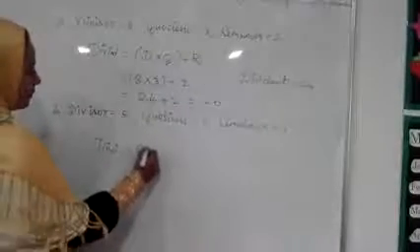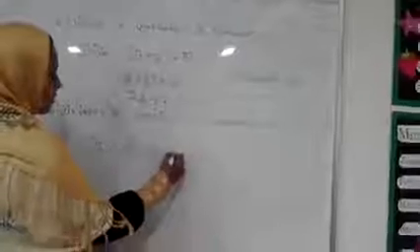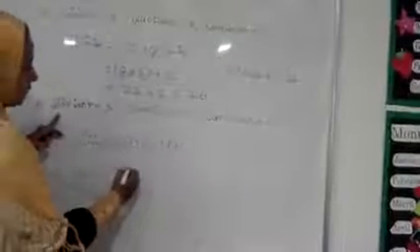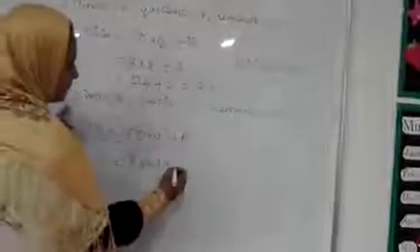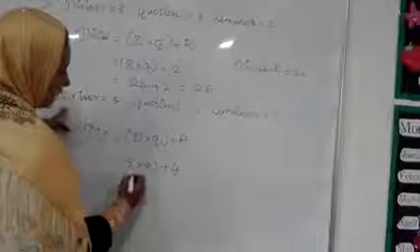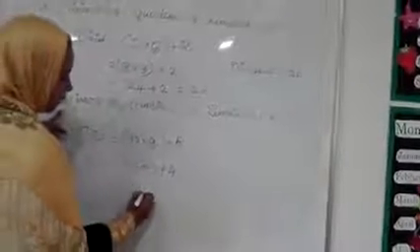Dividend is equal to divisor into quotient plus remainder. Here the divisor is 5, into quotient 8, plus remainder 4. 5 8s are 40 plus 4. Final answer is 44.